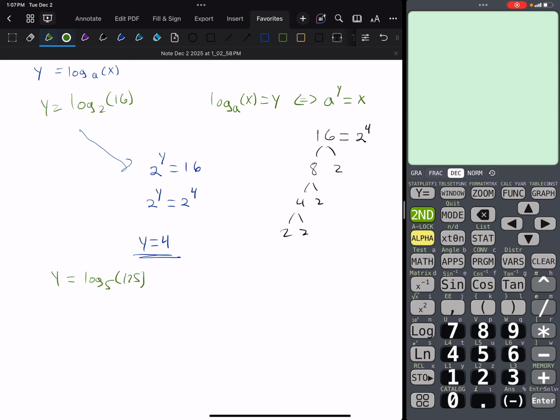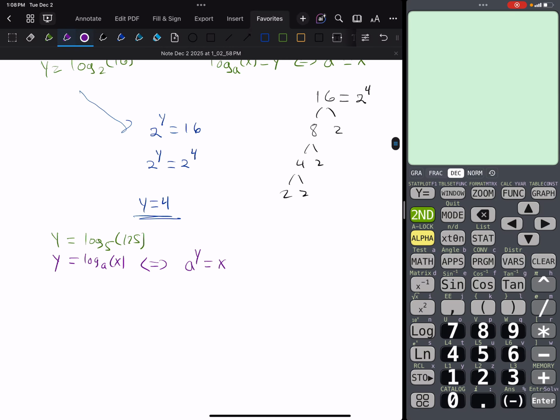If I use the same idea, log base a of x equals y, that would mean my a is 5, and a to the y equals x. These two are the same. So I'll have 5 to the unknown value equals x, which is 125.